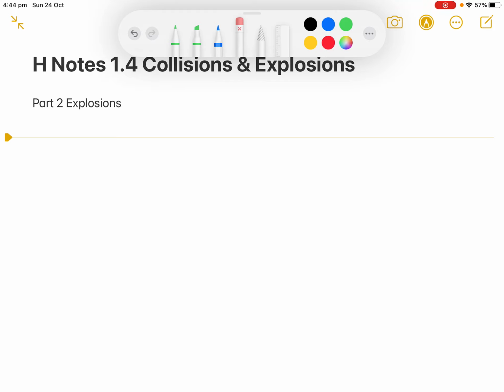Well, we can treat explosions a little bit like collisions in that we will have a before situation and an after.